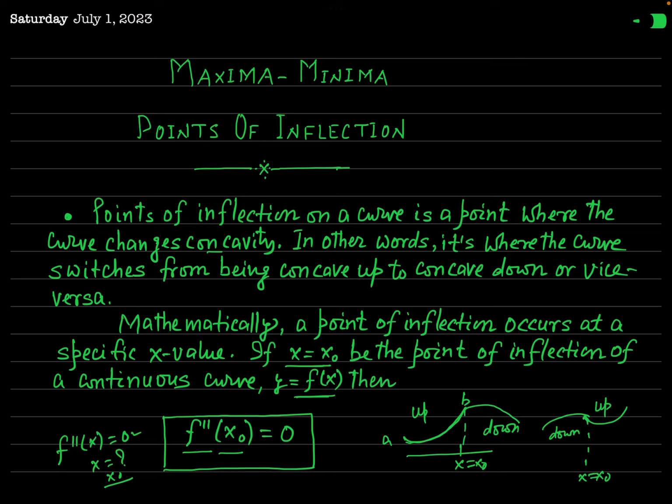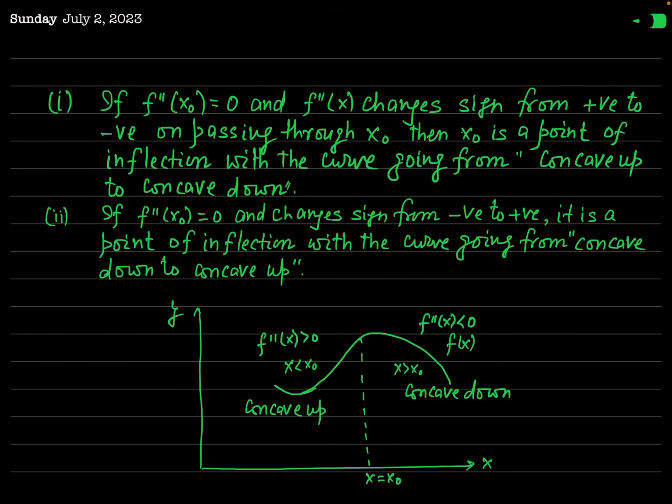And you can also see how the sign of this second order derivative changes at the point of inflection. There may be two situations. As I have mentioned here, if f double dash x naught is 0, since x naught is a point of inflection, this condition will be valid.